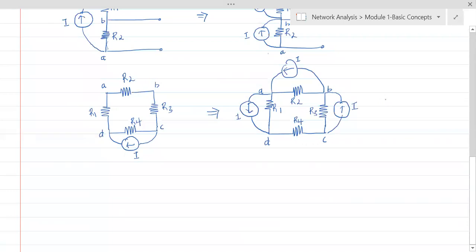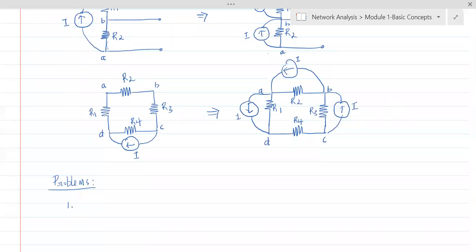Everybody take the problems on shifting now. First one: using source shifting and transformation.